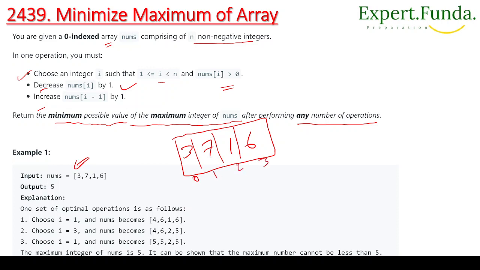I'll take i equal to 1, which is 7, because now we are going to decrease this one. So 7 minus 1 is 6, because we have to decrease nums[i] by 1.